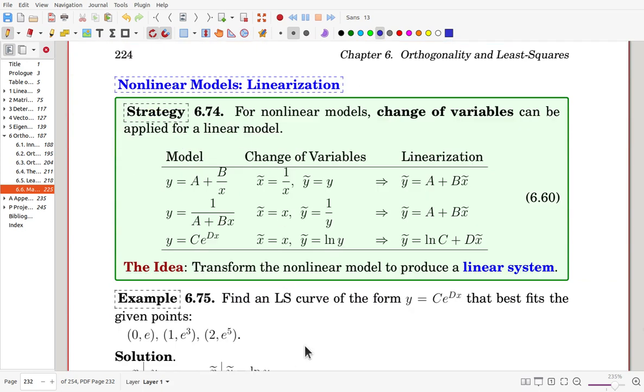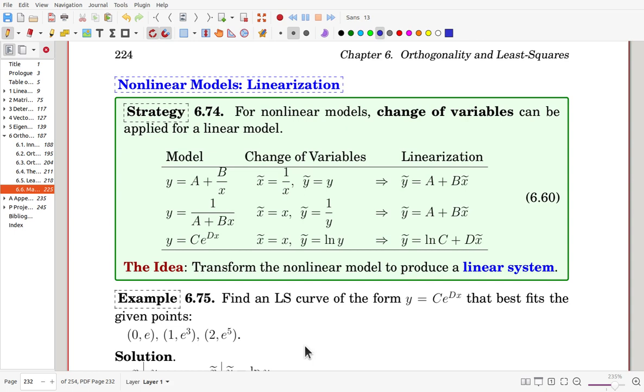And sometimes you will have a nonlinear model. If you try to solve a nonlinear model, it's very hard, so we may try to get a linear model by using a change of variables.